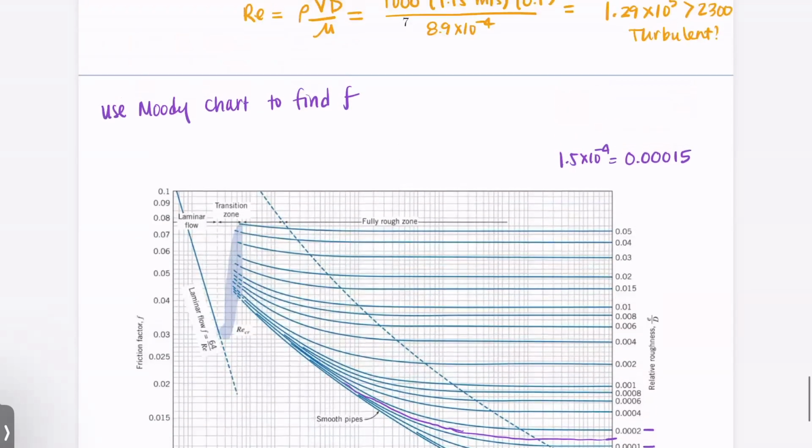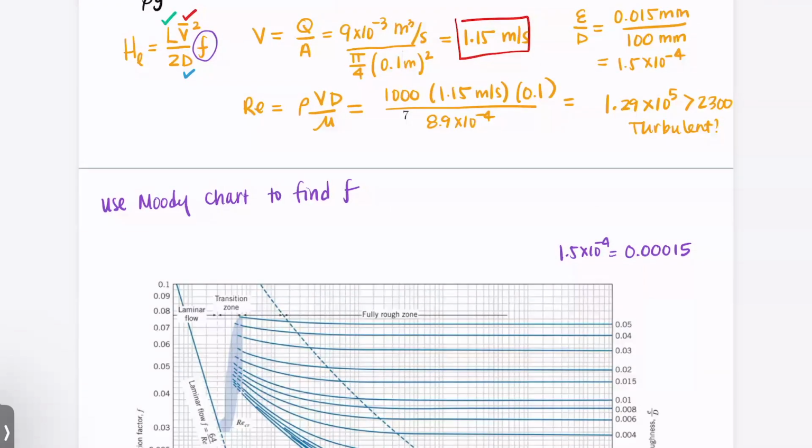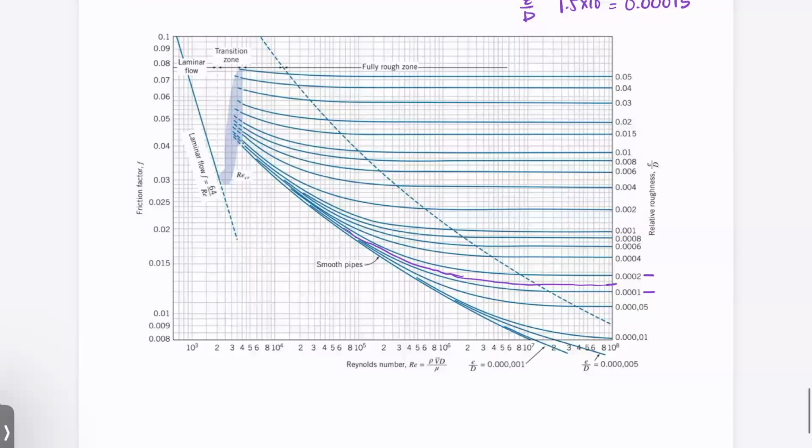All right, our Reynolds number, I'm going to call this 1.3 times 10 to the 5 because that just makes it a little easier. So 1 times 10 to the 5 is here. And 2 times 10 to the 5 is here. So I'm going to be partway through this line here. So we're looking at roughly this spot.